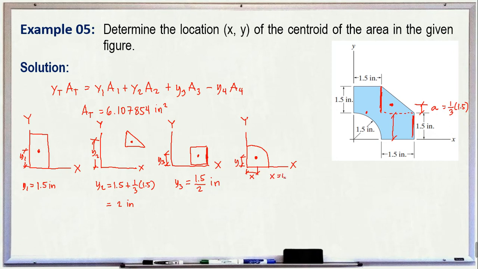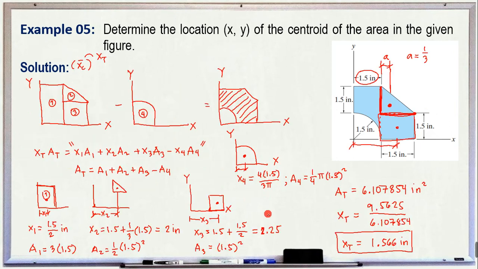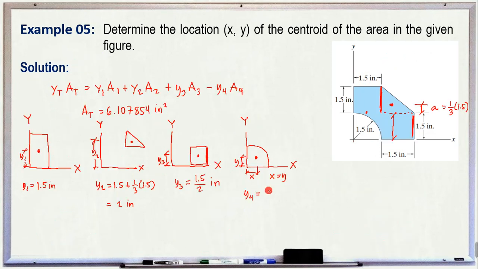So x here is equal to y. So y sub 4 is therefore the value of the centroid along x, and we already solved that one from the previous slide. This is x sub 4, which is 4r over 3 pi. So don't forget that one. So for r, our r is 1.5, so 4 times 1.5 over 3 pi.